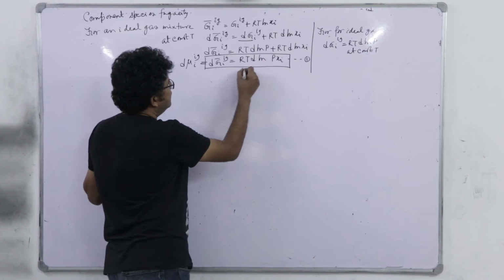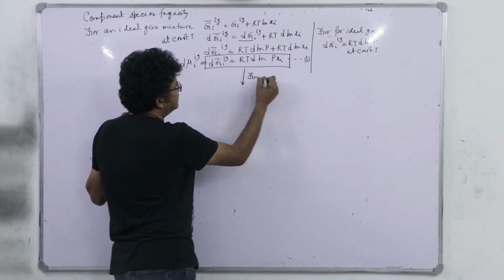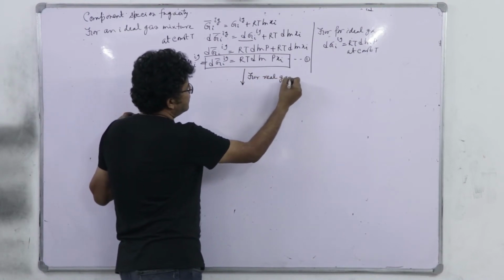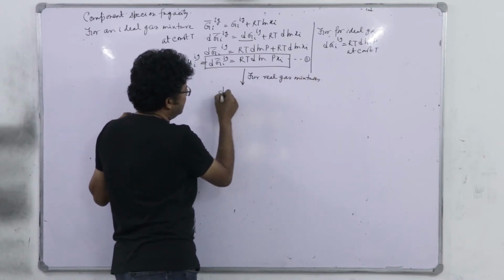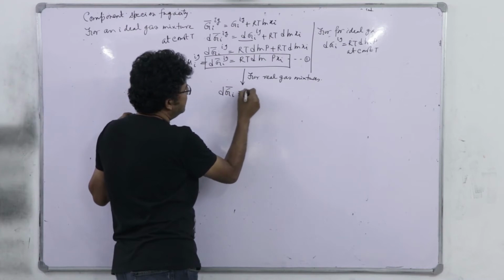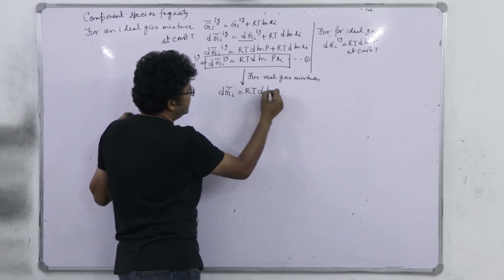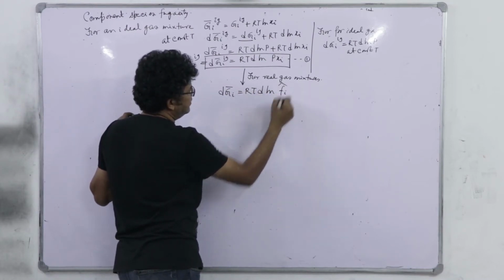So, for real gas mixtures, we will keep the same mathematical form: dGi bar equals RT d ln, but we are going to change the independent variable.